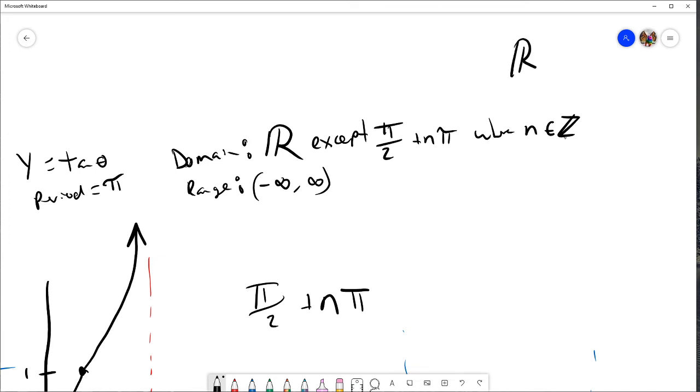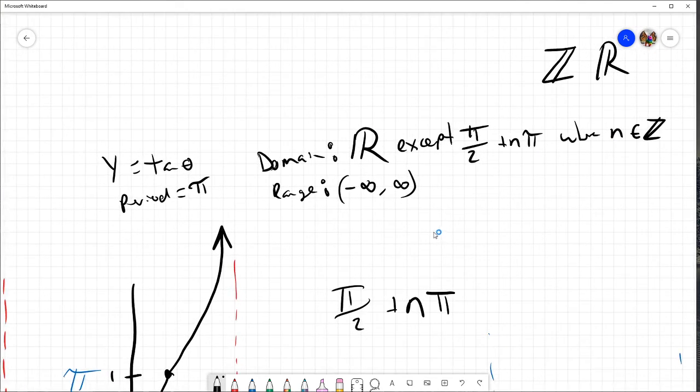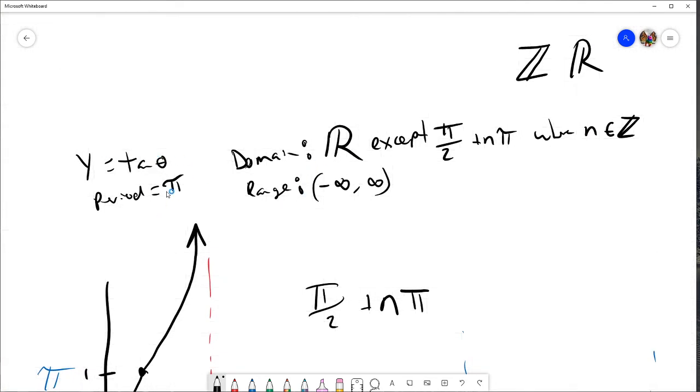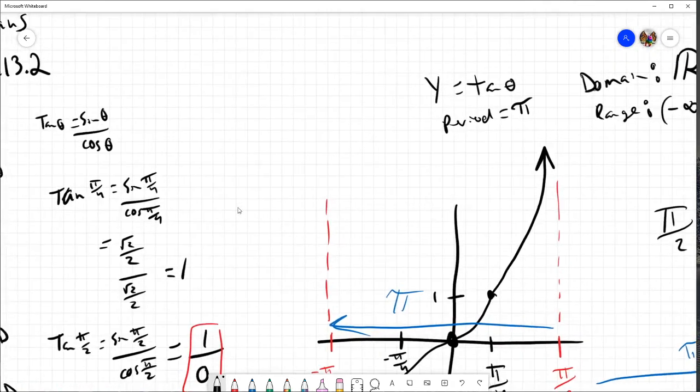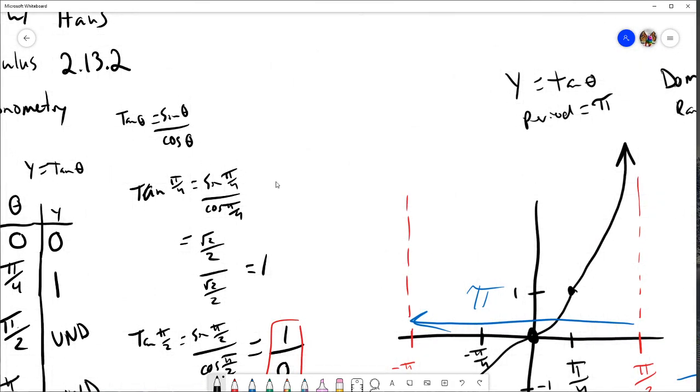Remember, we had this R here for real numbers, we have this awesome Z here for integers. Alright, so tangent is a little bit more complicated than sine and cosine. The reason for that is because of this ratio here.